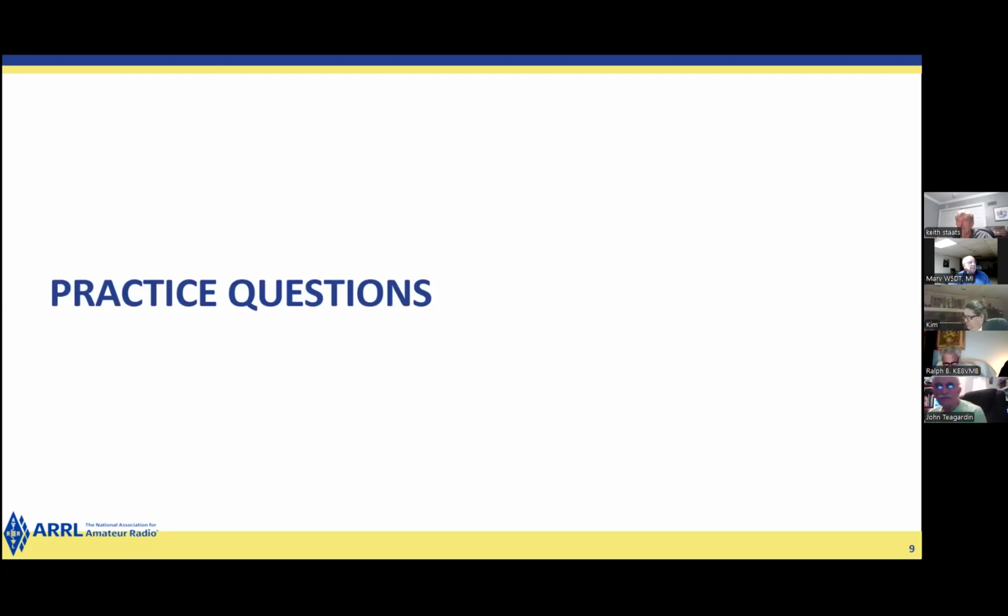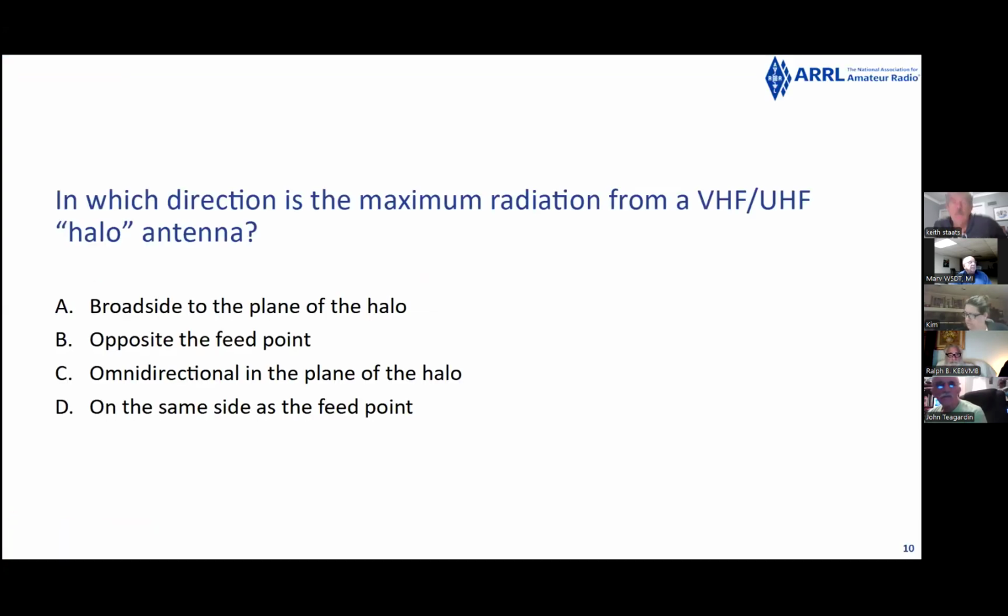Practice questions. Which direction is the maximum radiation from a VHF UHF halo antenna? Broadside to the plane of the halo, opposite the feed point, omnidirectional in the plane of the halo, or on the same side as the feed point.